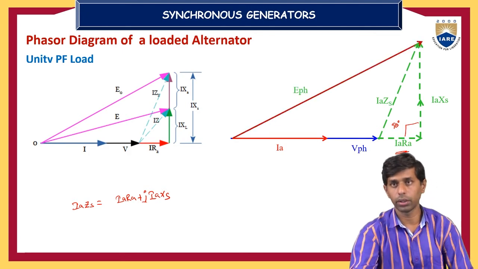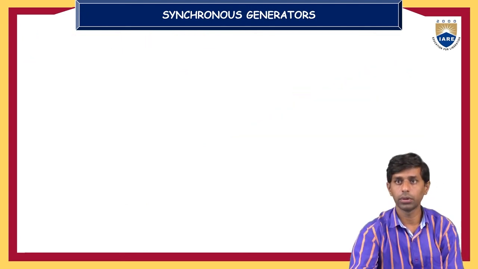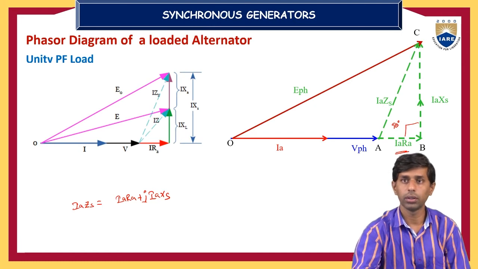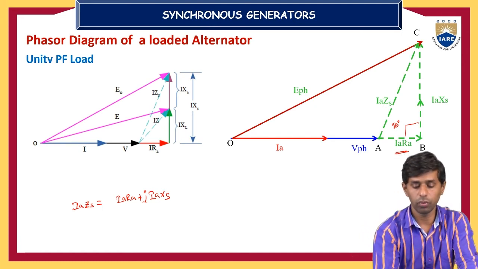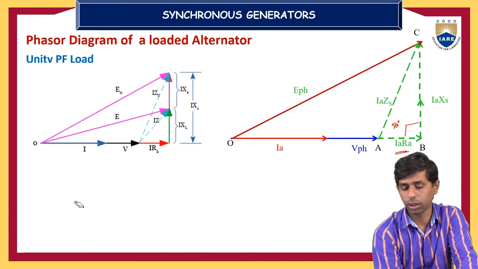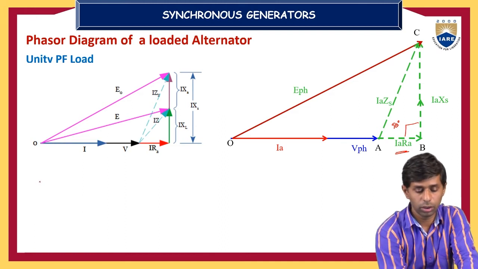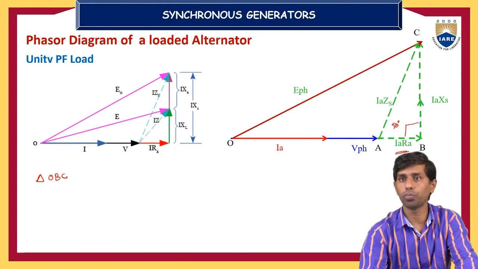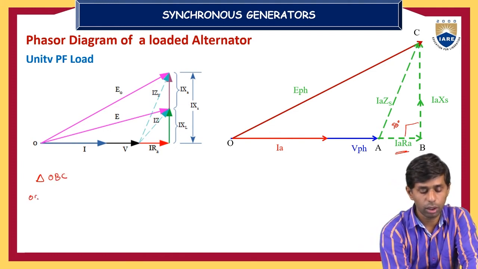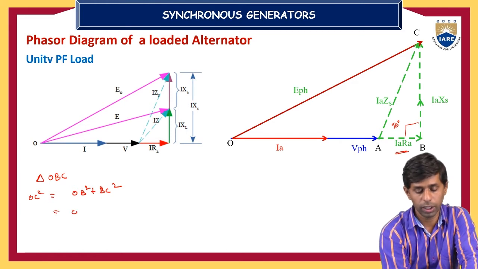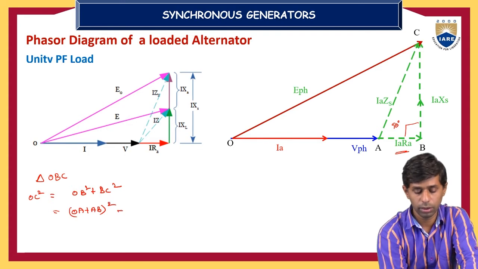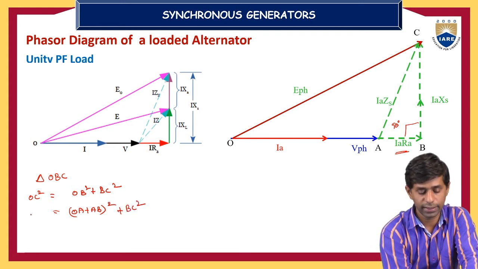And next, the induced EMF of the alternator, which is E phase. Now we can write, from triangle OBC, OC squared is equal to OB squared plus BC squared. OB is nothing but OA plus AB, so (OA plus AB) whole squared plus BC squared is equal to OC squared.